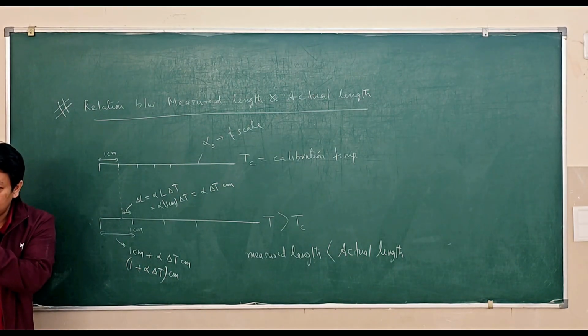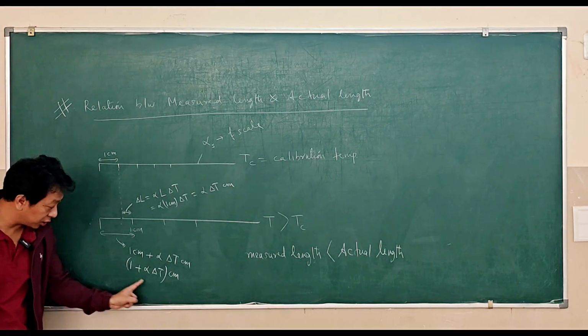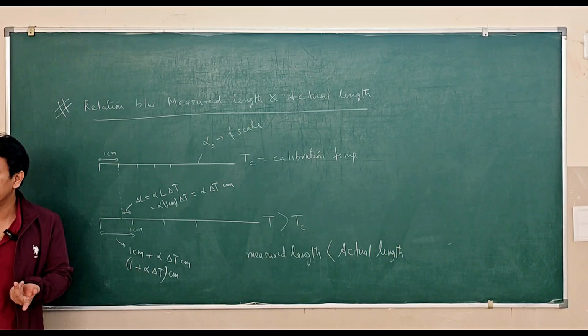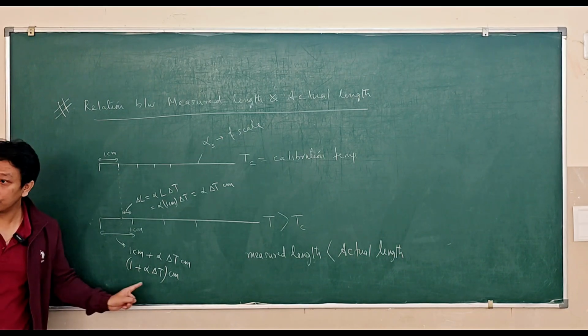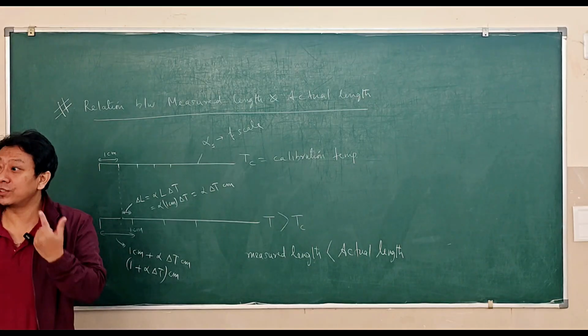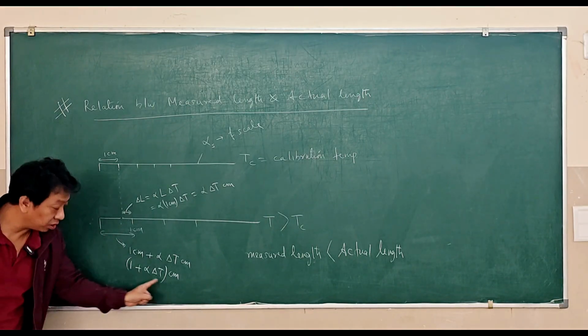So if 1 centimeter you measure and it is this much centimeter, then if you measure 2 centimeter, how much will it be? Actually 2 into this. So if you measure L centimeter, how much actually should it be? L into this much.